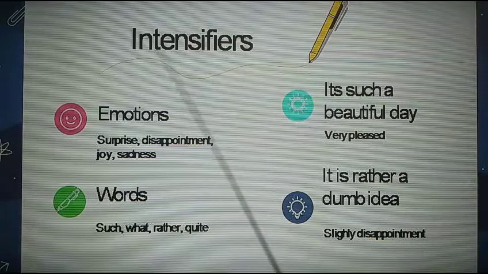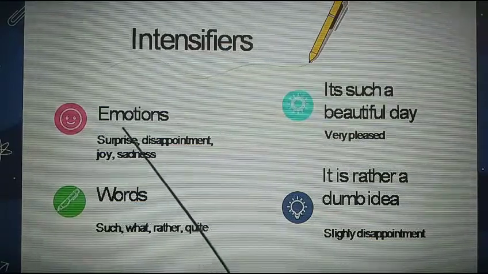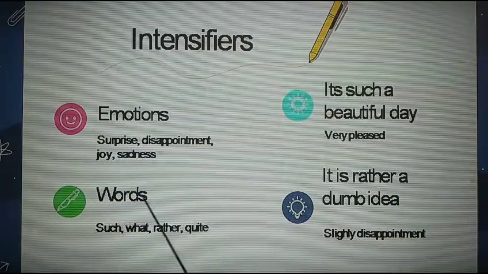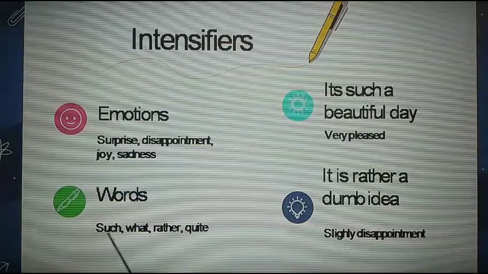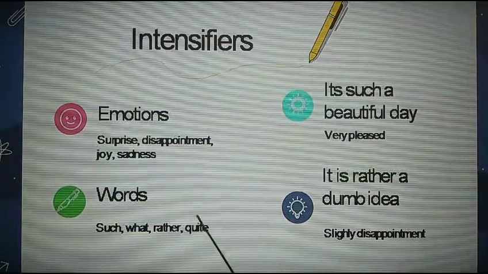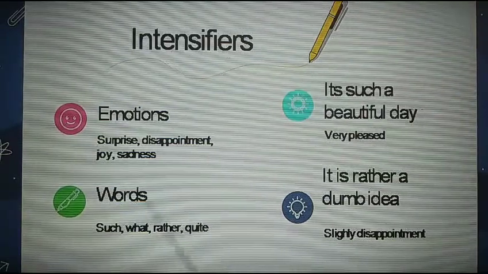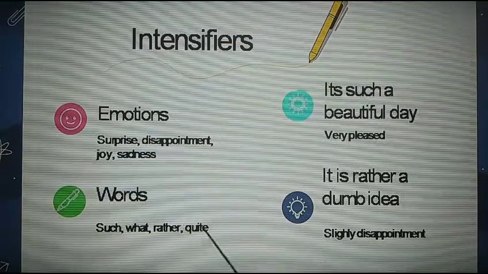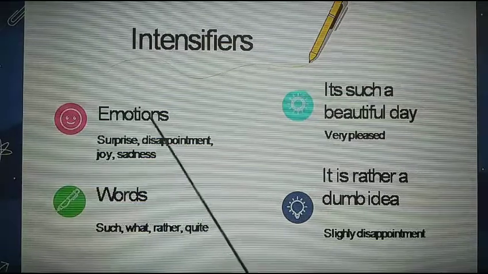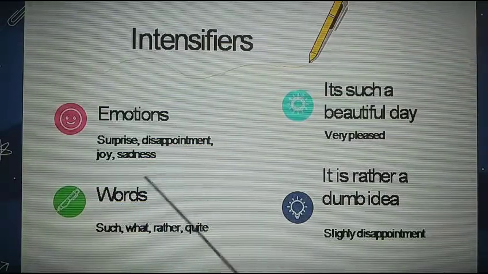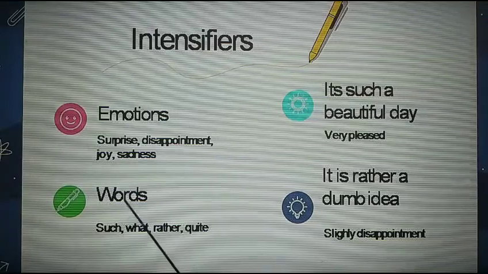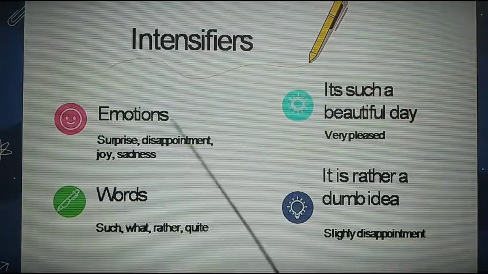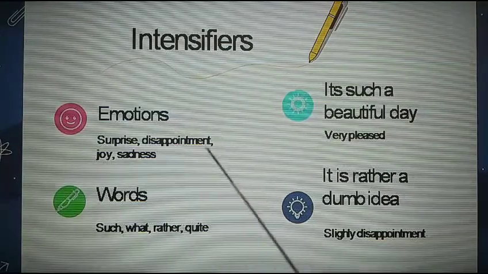So we use intensifiers to give a bigger or a smaller intensity to these emotions. The words that we use for this are such, what, rather, and quite, and we can use all of these in the same way. So remember, these words per se don't convey or express an emotion. They are used to give more or less intensity to these emotions and to many others.